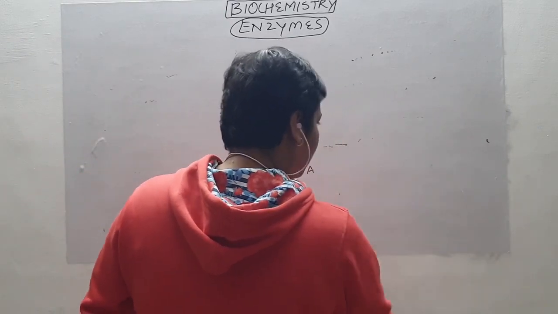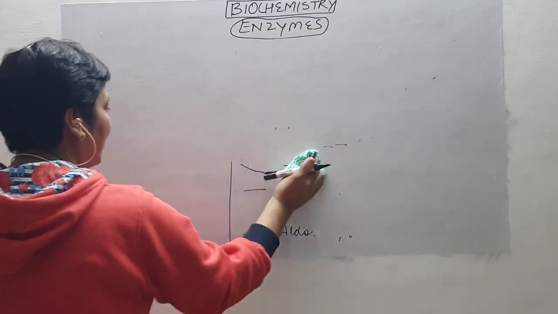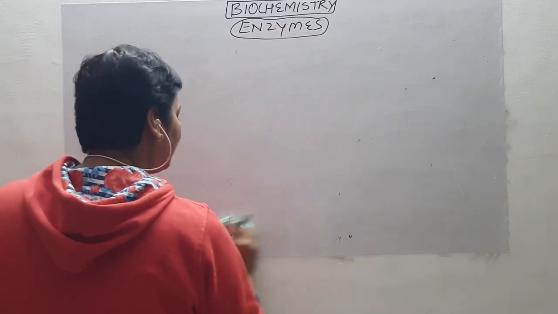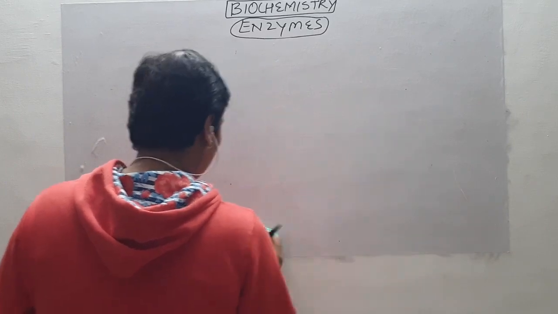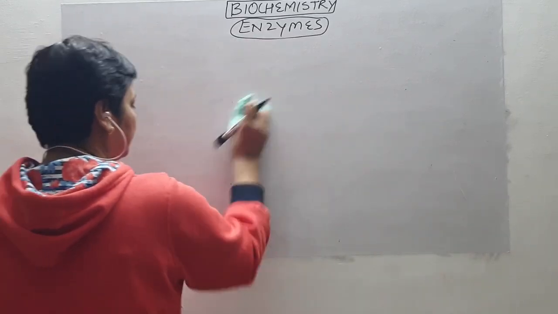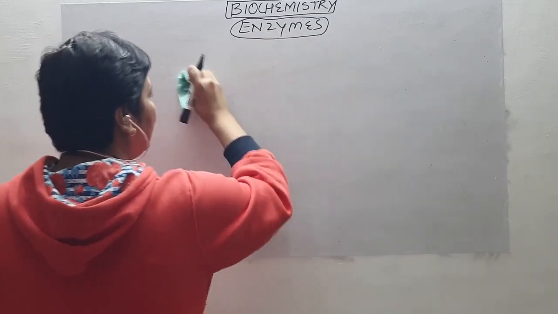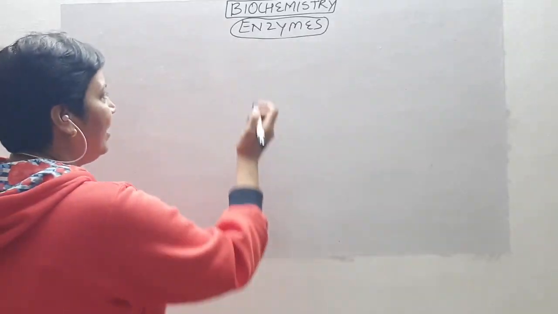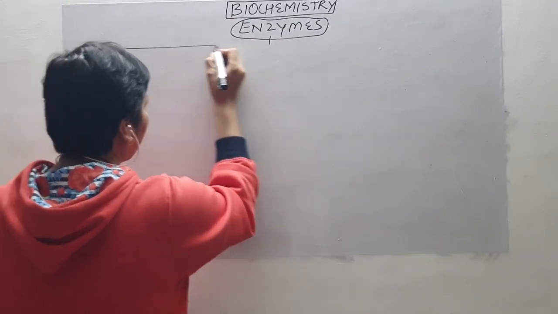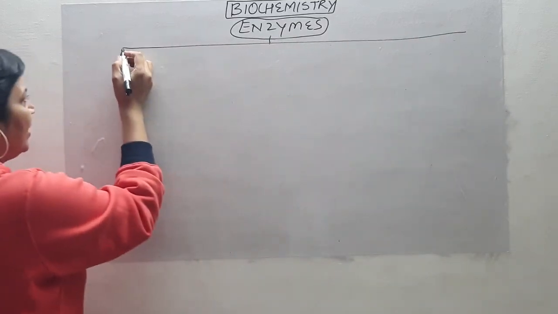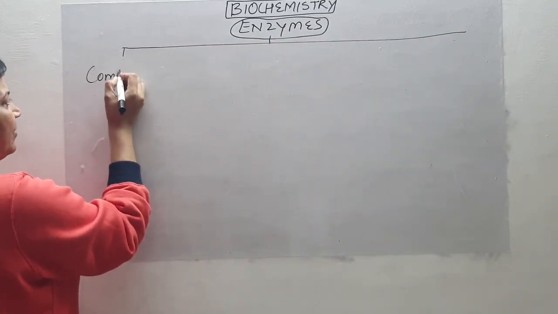Now overall, if we see, we can classify inhibition. Different books have given different classification of inhibition. But here I am going to take all the inhibition separately. One is competitive inhibition.